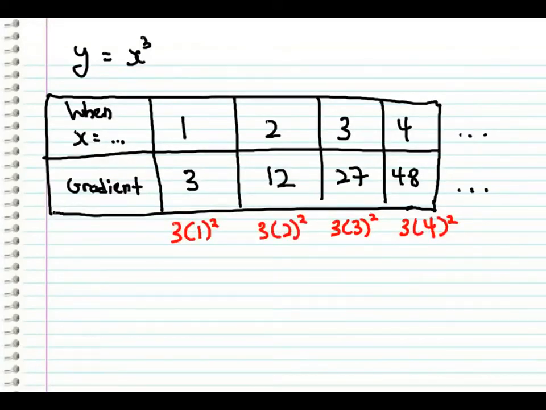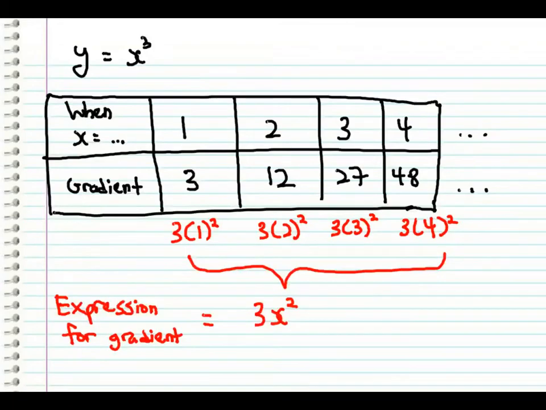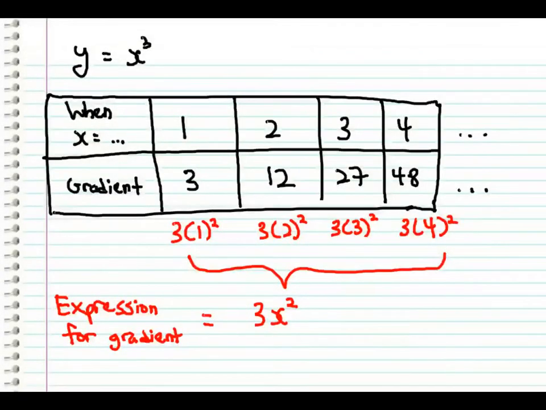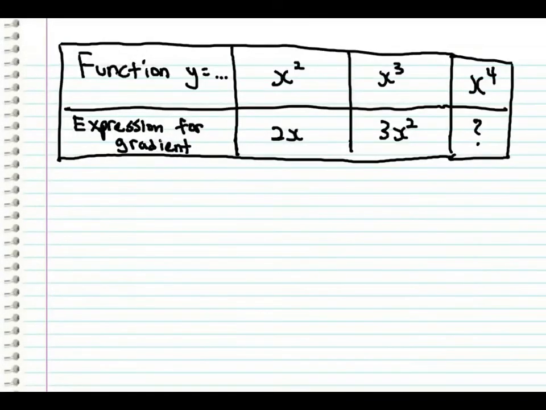If you study the values of the gradient very carefully, you will discover that they follow the following pattern. And we conclude that the expression for gradient of the curve y equals x cubed is 3x squared.